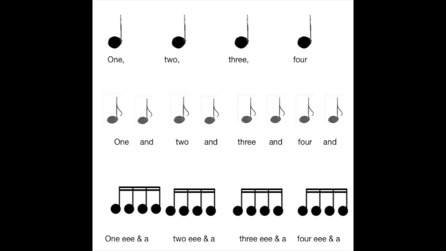1 and 2 and 3 and 4 and. Here's another way to do it. It's called 16th notes. 1 E and a 2 E and a 3 E and a 4 E and a. Pretty good, huh? So the beat, the tempo, how fast or slow something is, doesn't change.